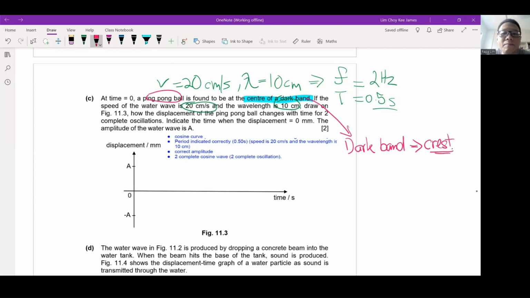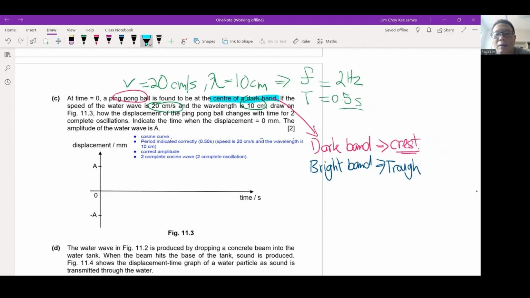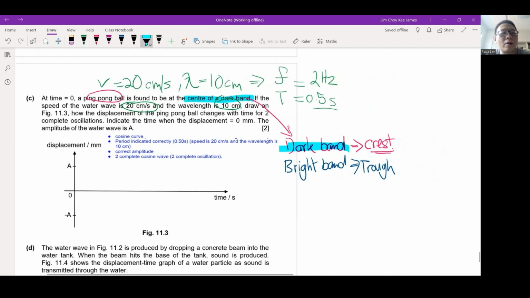If you have a dark band, you have the opposite, the bright band, what we mean as the bright spot. The bright spot corresponds to the trough of the wave. The corresponding location is important because a dark band means at the crest.